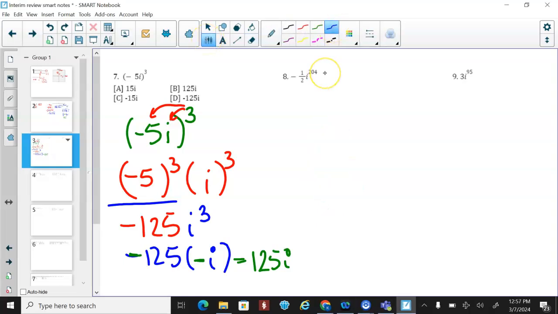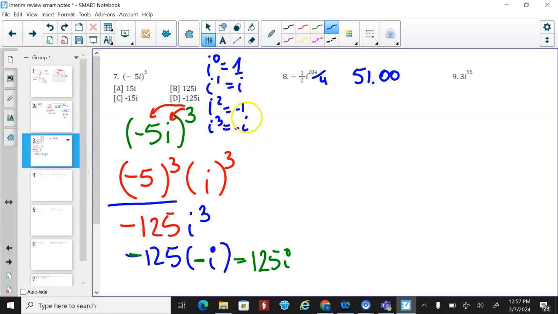You have negative 1/2 i to a power of 204. So to minimize this power, we're going to divide it by 4, which is our quarter method. If you divide 204 by 4, you get 51, which has no decimals. So again, remember, i to the 0 power is 1, i to the first power is i, i squared is negative 1, and i cubed is negative i.